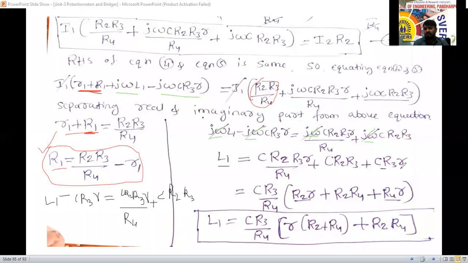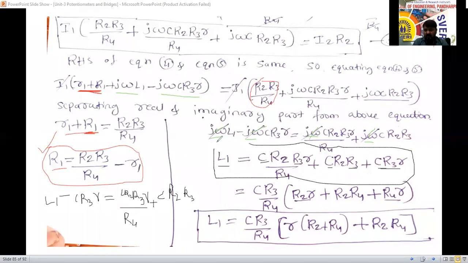C R3 is common here, here also, and here also. So directly we can write this as an equation. So this is the L1 equation. We can write the L1 equation directly.